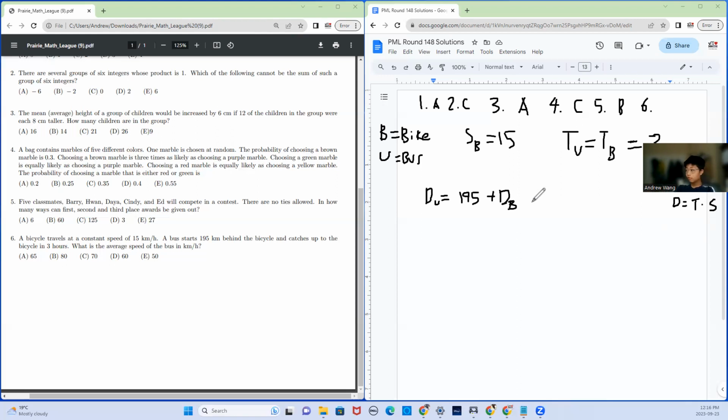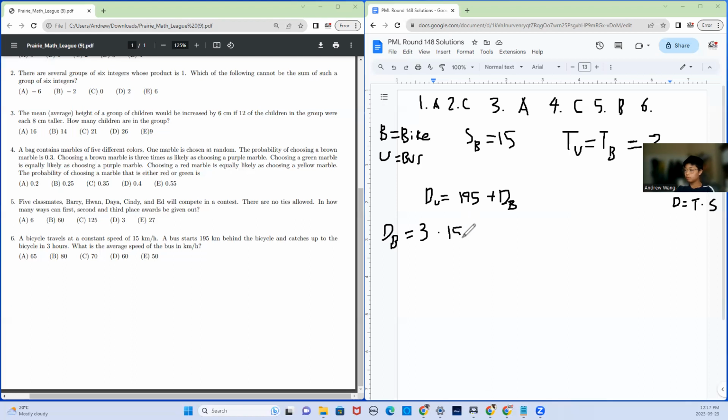So from this equation, we can use the speed, distance, time formulas, and we'll start off by finding the distance of the bike, and that way we can find the distance of the bus, which will later help us find the speed of the bus, because that's what we're looking for. So the distance of the bike is the time that the bike takes, which is 3 hours, times the speed of the bike, which is 15.